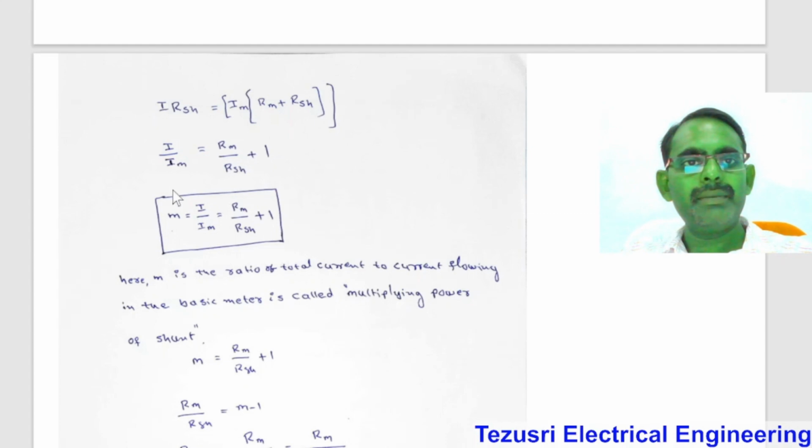Here I by Im is nothing but the multiplying power of the shunt. This is indicated by M. M is equal to the required measurement of the current by full scale deflection of the basic meter, or internal resistance of the basic meter by shunt resistance plus 1.